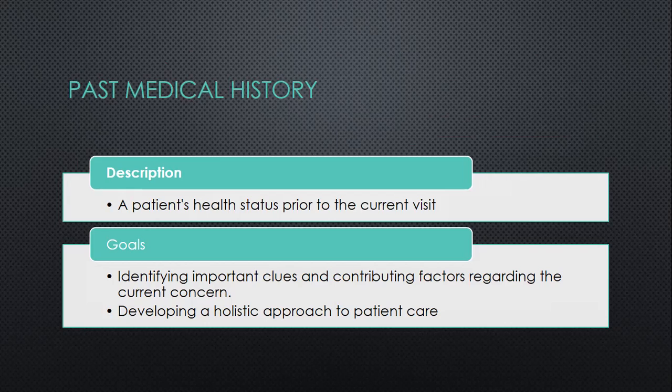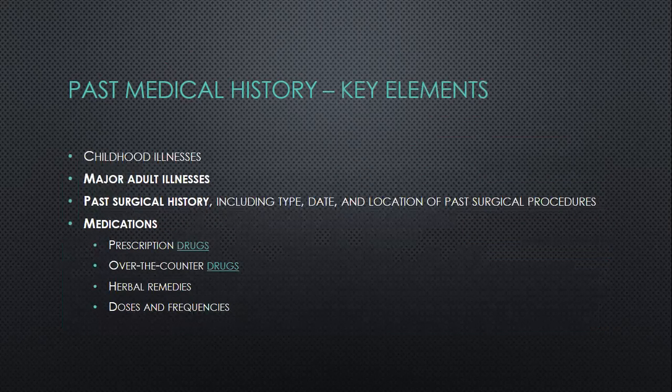So, as we were doing with all the previous ones, we're going to talk about the key elements. For example, childhood illnesses. This is an example I always tend to use about asthma, because asthma has an epidemiological curve which has two peaks. The first one is from 5 to 7 years, and the next peak would be around 40 years, okay?